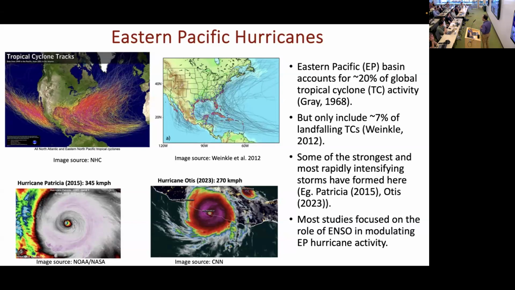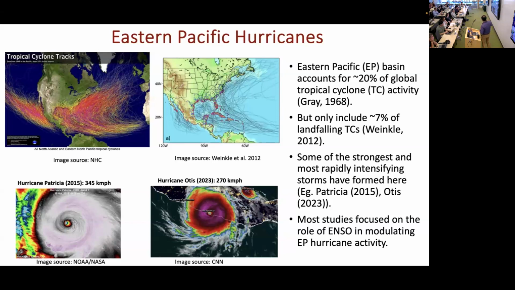However, there are some very important storms that form here once in a while, and here are two recent examples at the bottom. The one on the left is Hurricane Patricia from 2015, and that is to date the strongest tropical cyclone that ever formed in the Western Hemisphere. It reached a maximum intensity of nearly 350 kilometers an hour.